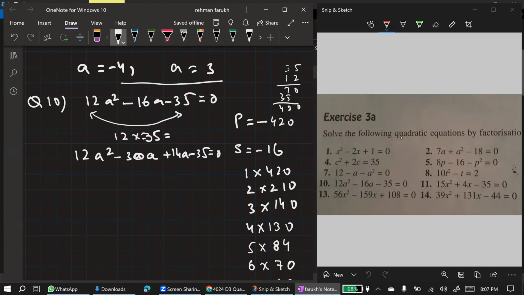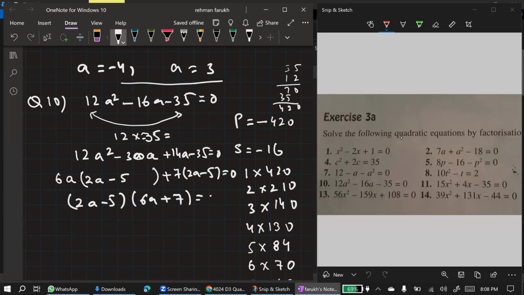What's common in 12 and 30? 6. 6a into 2a minus 5, plus 7 into 2a minus 5 is equal to 0. 2a minus 5, 6a plus 7 is equal to 0.